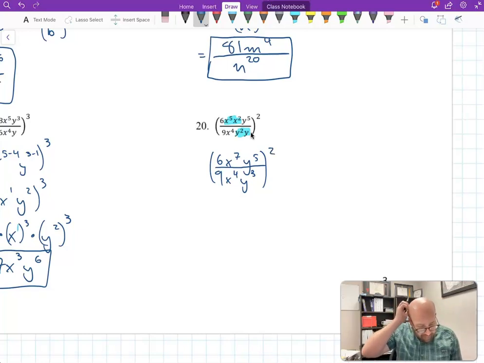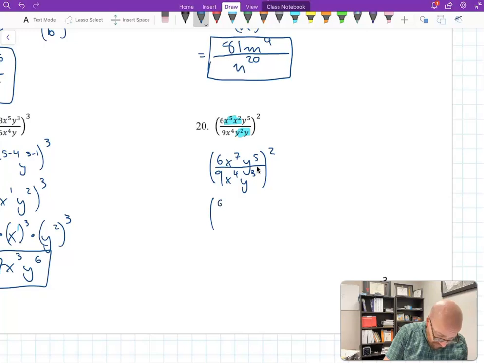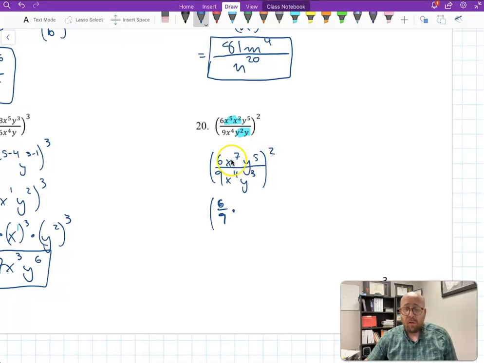And now let's talk about how we can simplify the inside of our parentheses with division or the quotient rule. So we have 6 over 9 times x to the 7th over x to the 4th.